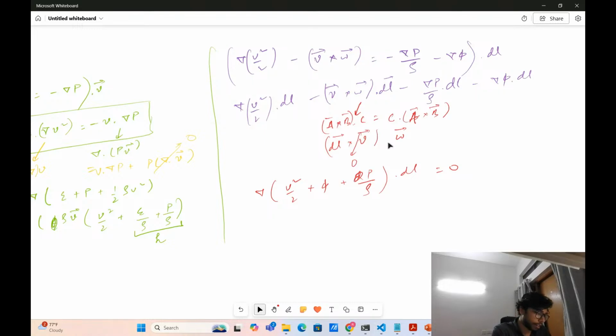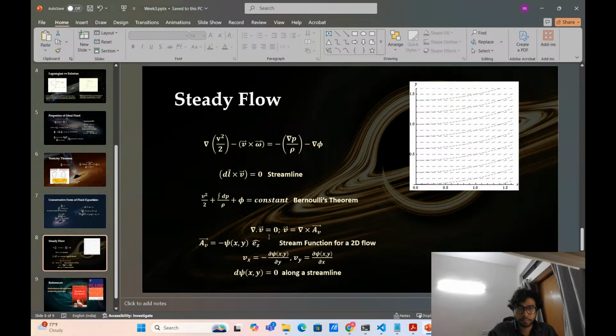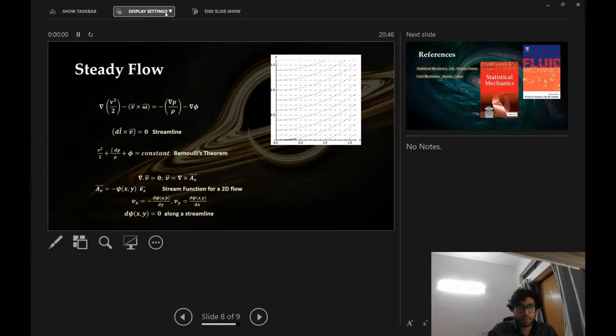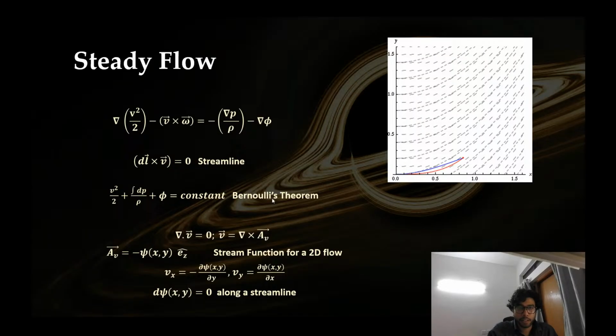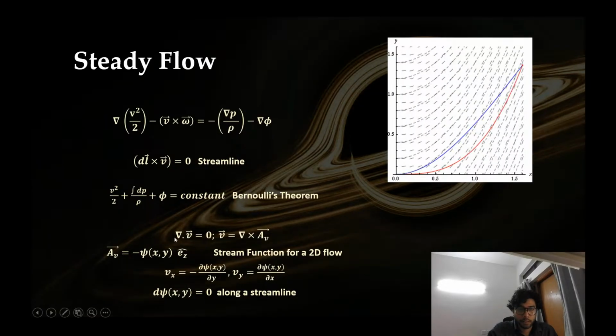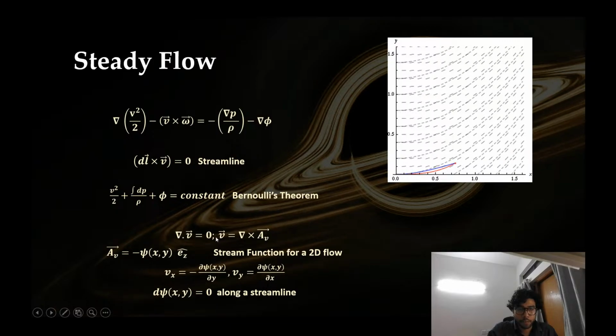So it just states that this quantity is constant on a streamline, right? So that's what Bernoulli's theorem says.